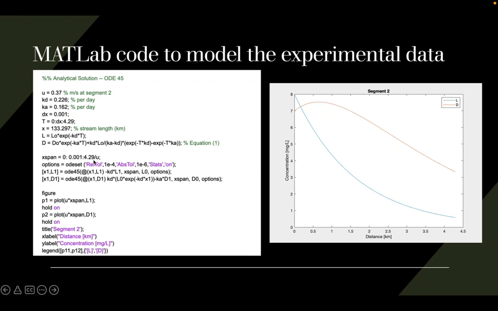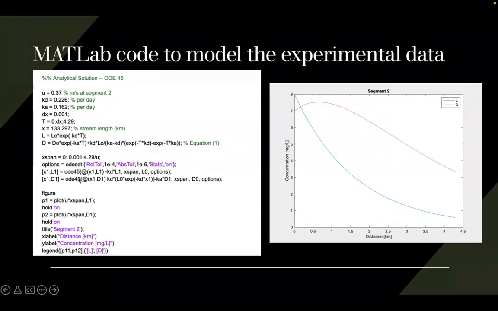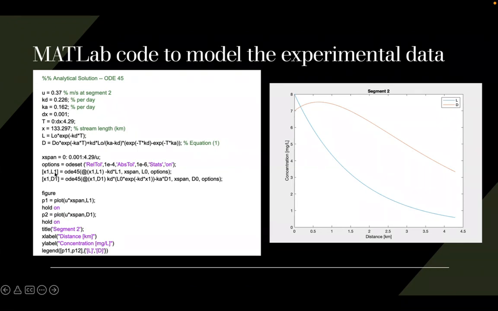And then we have the same equations with the first order rate reaction, and then we have equation 1 again. Now I'll be using ODE45, which has the following syntax.